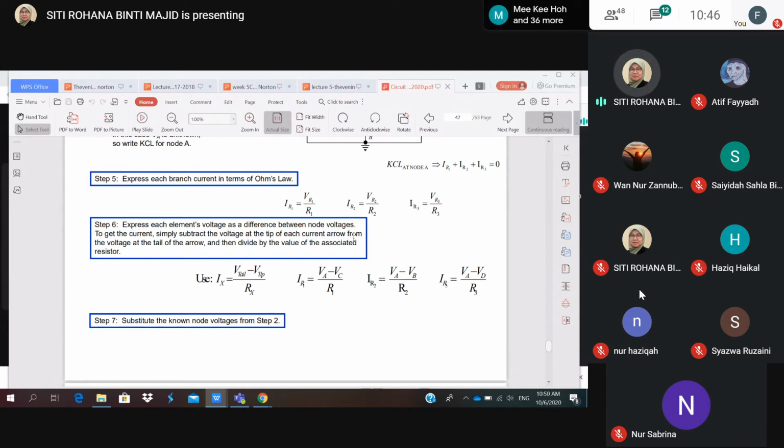So that means you can define I_R1 equals V_A minus V_C over R1, and I_R2 equals V_A minus V_B over R2, and I_R3 equals V_A minus V_D over R3. So just get the potential difference.